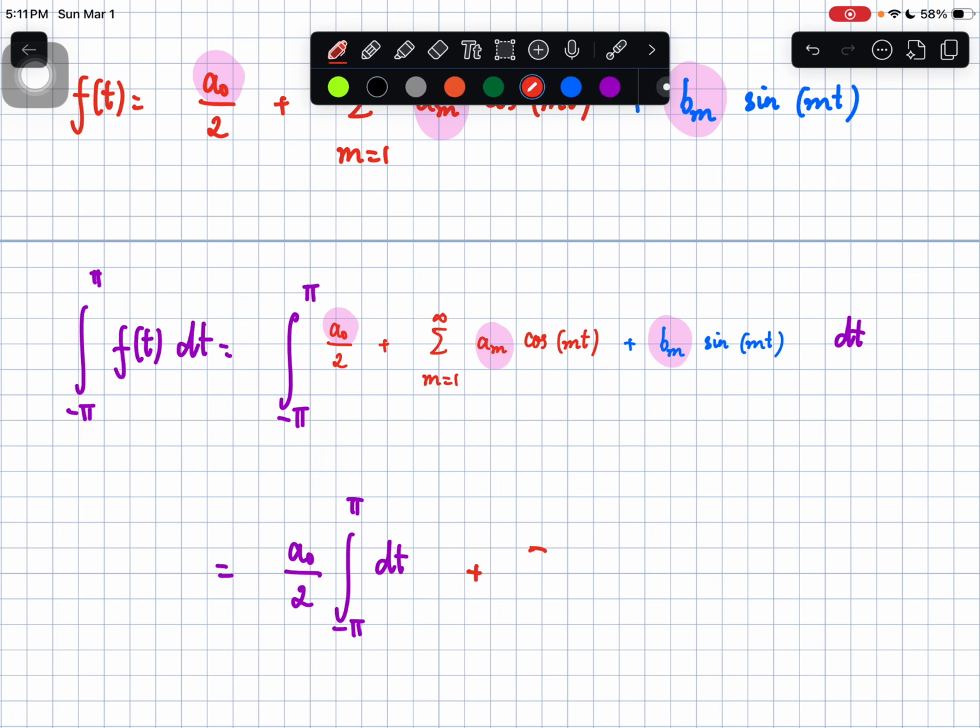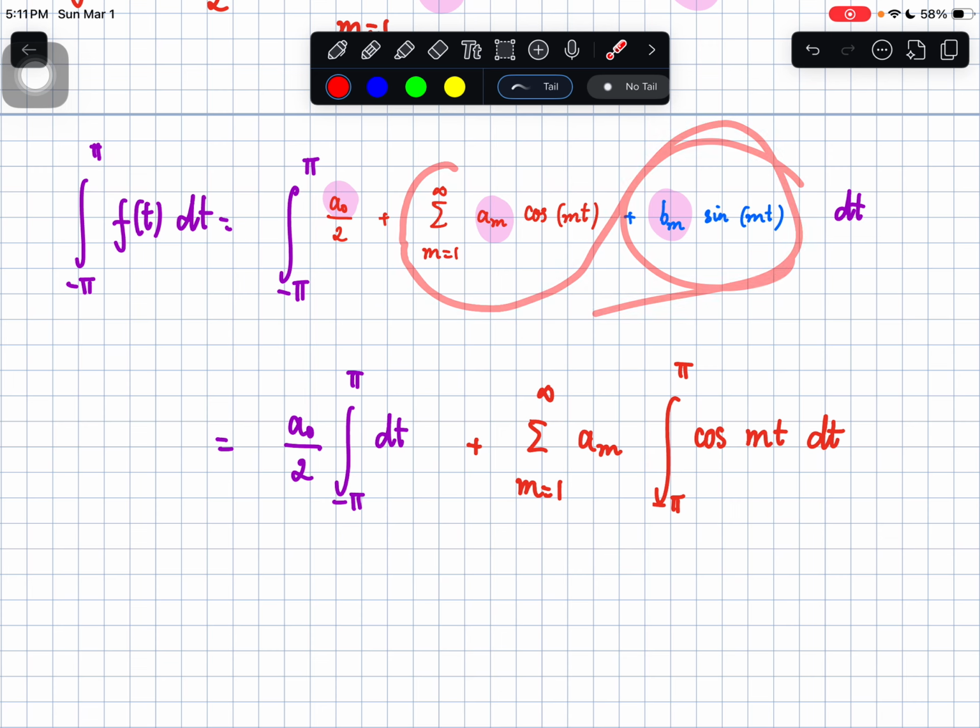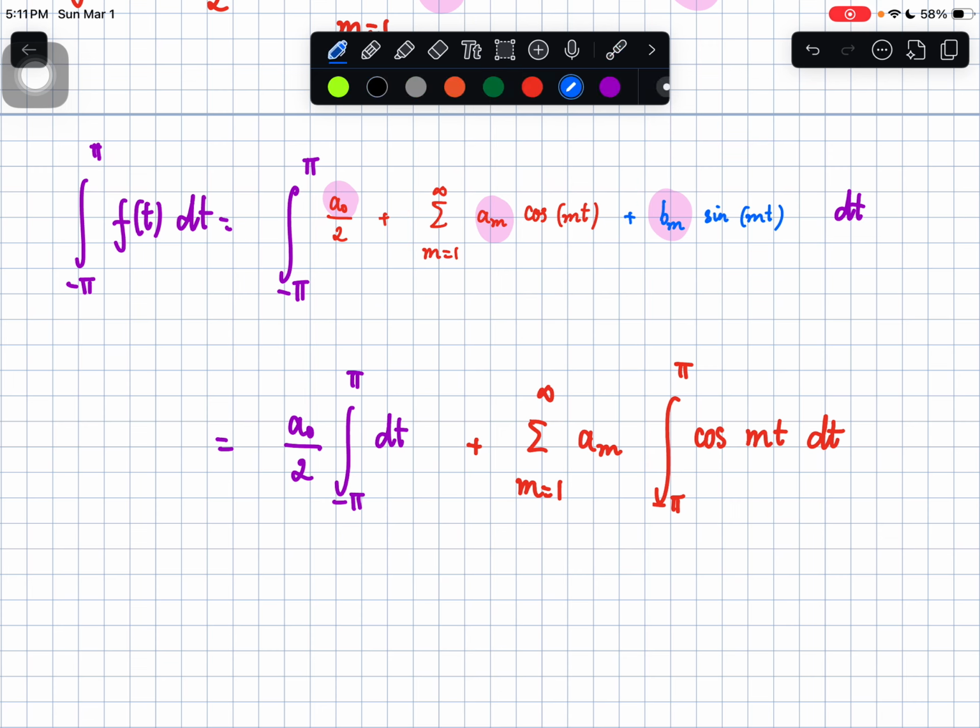That is all the terms for cosine. And you do the same for the last term, so this is summed upon bn sine mt. The sum m from 1 to infinity is bm times the integral from minus pi to pi of sine mt dt.